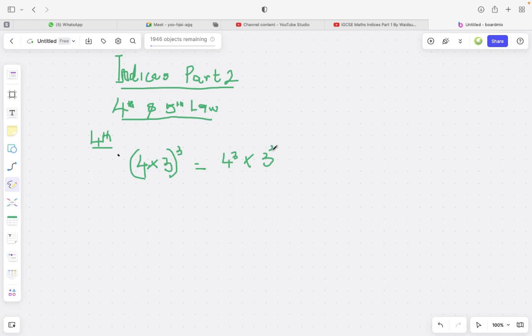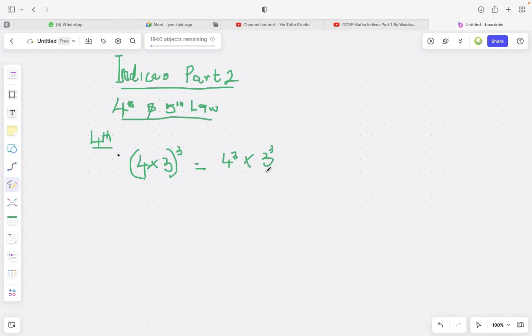Because of this bracket, the power is talking to both numbers inside. And you cannot use the first law because the bases are not the same. This base is different from this base. You only use the first law when the bases are the same. If this is 4, this is also 4, then we can use the first law.